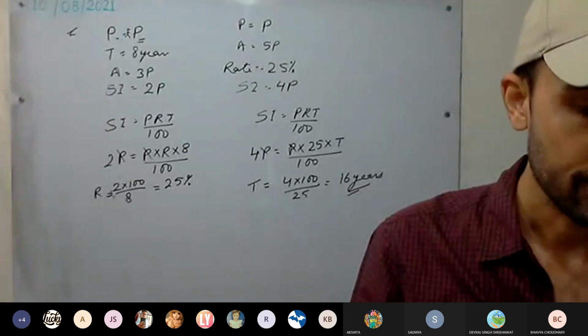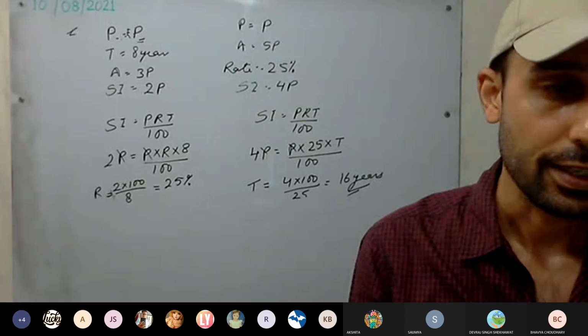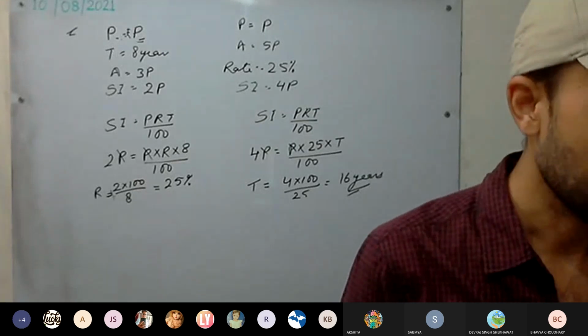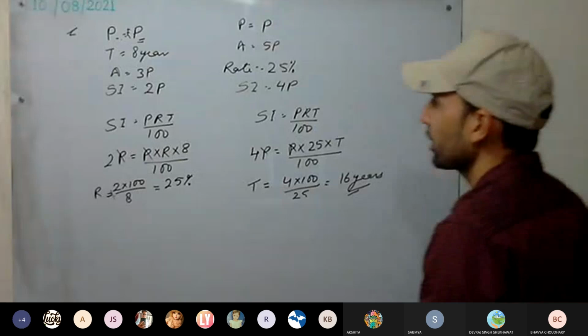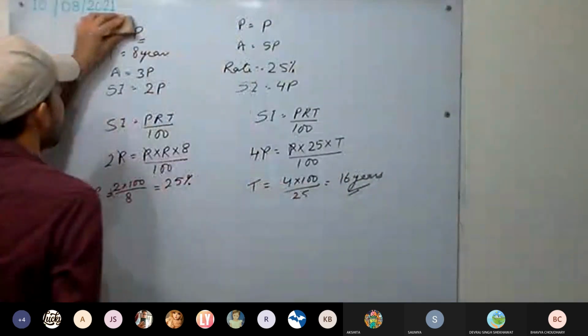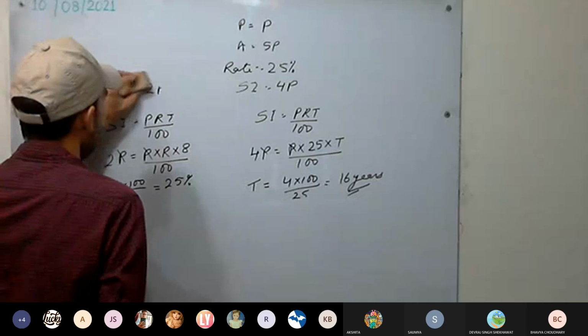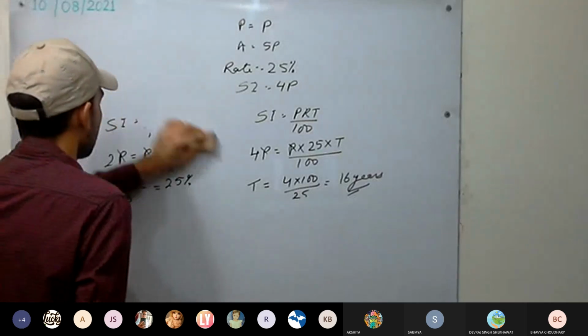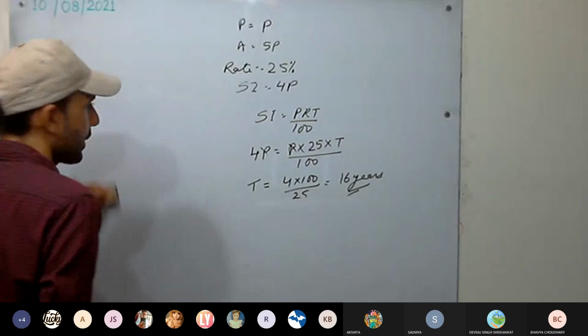Then try the ninth one. Everyone try the ninth one. The ninth one is very easy if you remember what concept we have used. Simple interest for each year remains same or different? Same.